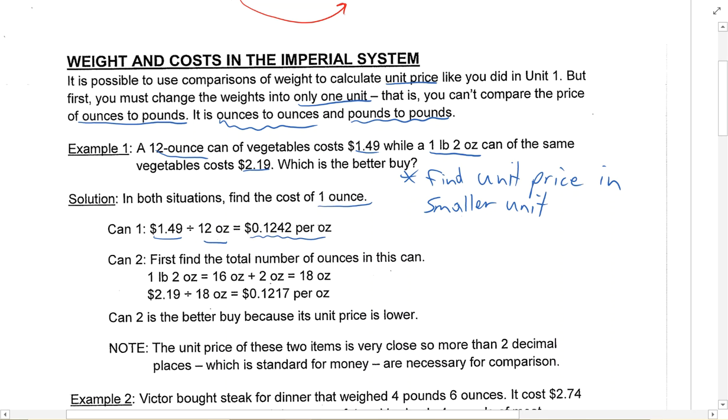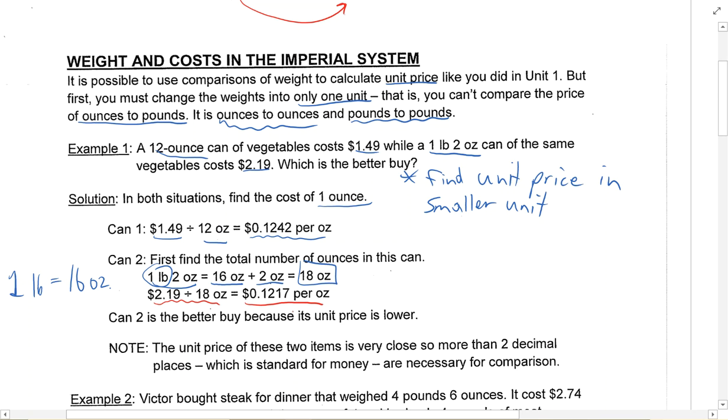For the second can, it's 1 pound, 2 ounces. So we take the 1 pound and convert it into 16 ounces. Remember, one of our conversion factors is 1 lb equals 16 oz. Then we add the 2 that we have to give a total of 18. Now we divide 2.19 by 18 and we get about $0.12 per ounce.